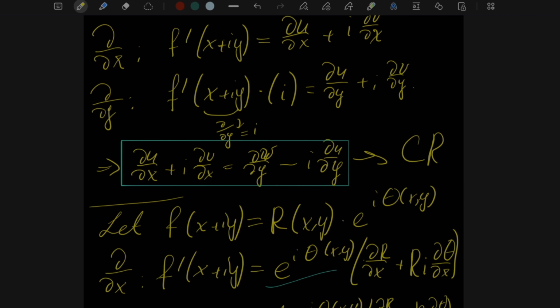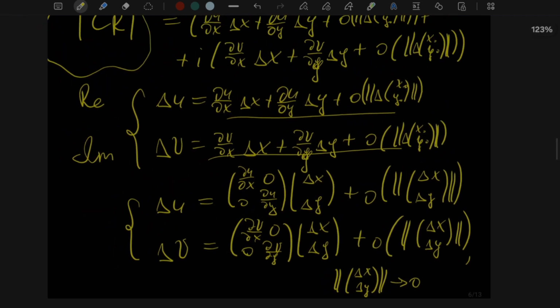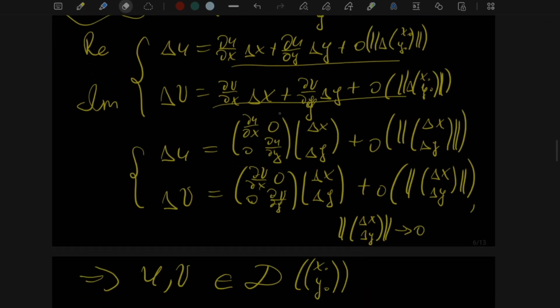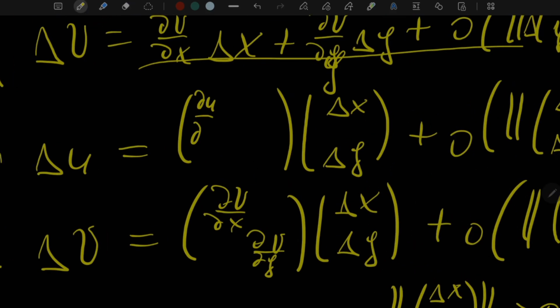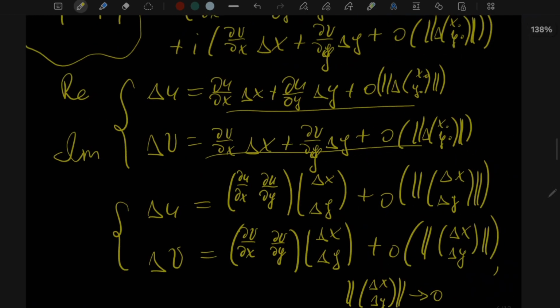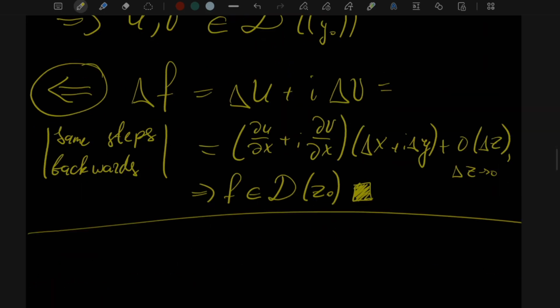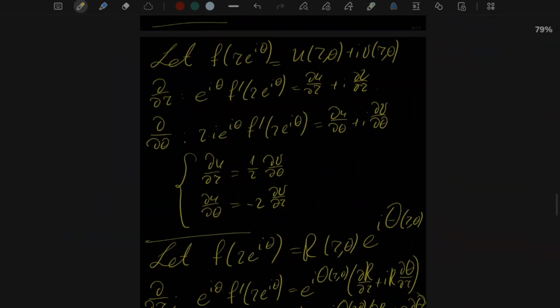And the second thing is back there I wrote matrices, and they are supposed to be vectors. Just like that. Okay. And now we can return to our conformal mappings.